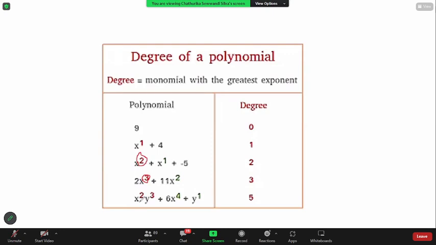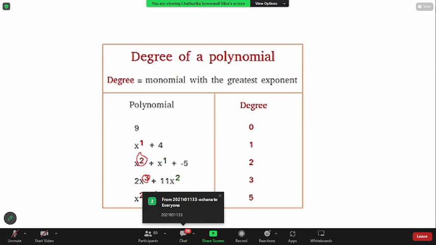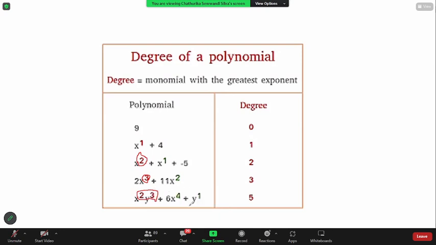However, no matter whether it contains only x, only y, x and y mixed, or x, y, z mixed, we consider the degree. So the degree of this term is going to be 5. The other is 4, and when compared with 5 and 4, 5 is the greater. Therefore, the degree of this particular equation is 5.